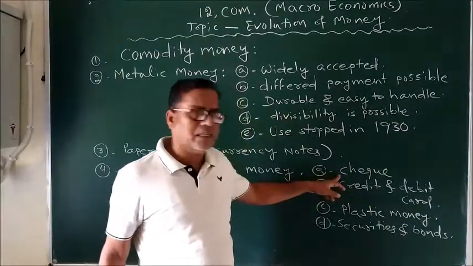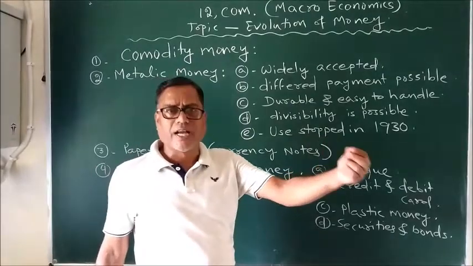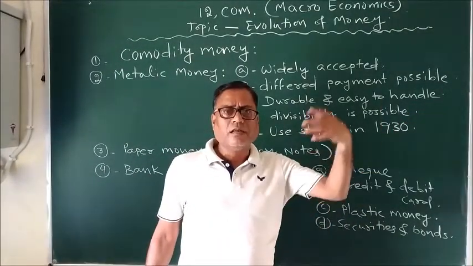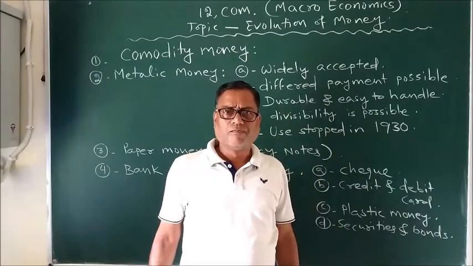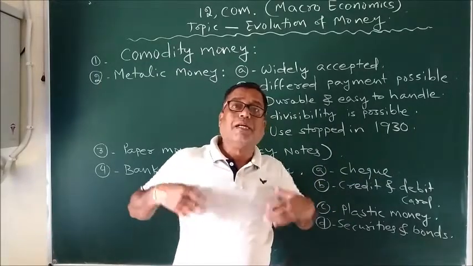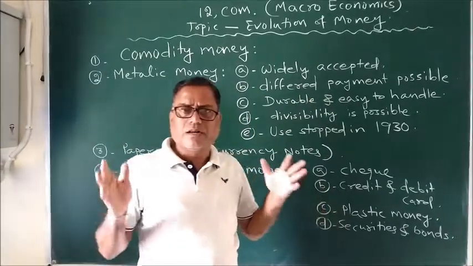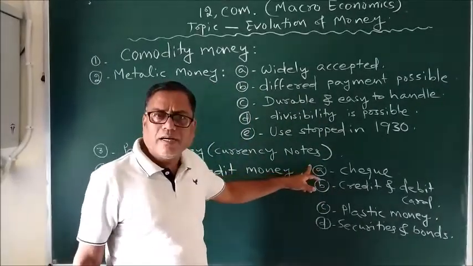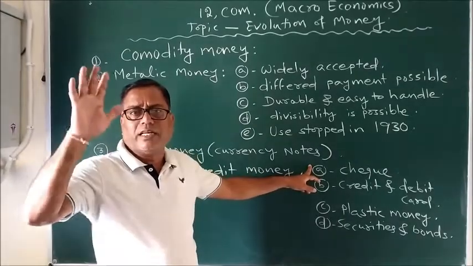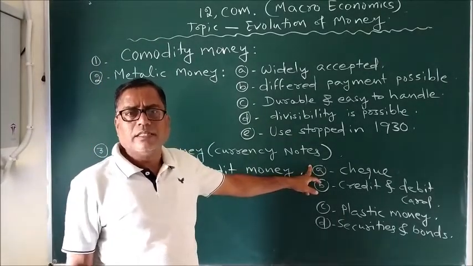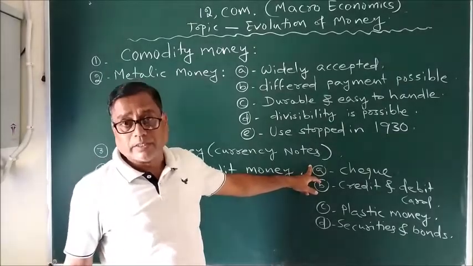But with credit money, suppose I am paying someone by check, it's a matter of faith between both parties, me and the person I am paying. He may accept the check, he may not accept the check. So it's a matter of faith and understanding, and the government is not putting its authority on such types of money. That's why it is not legal tender money.